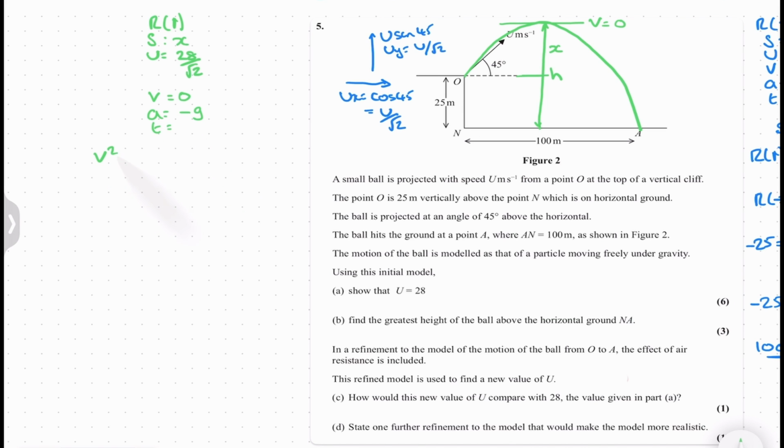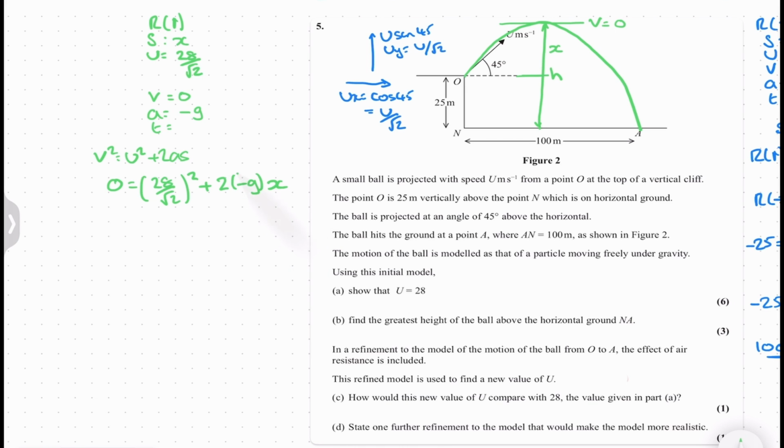So we'll use v squared equals u squared plus 2as. We know v is 0, u is 28 over root 2, plus 2 lots of a, times the vertical displacement x.